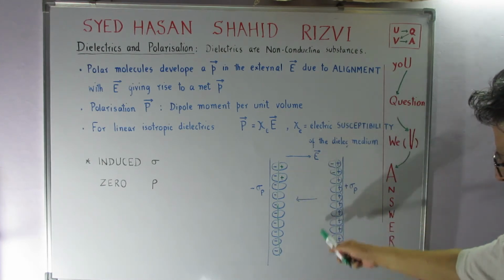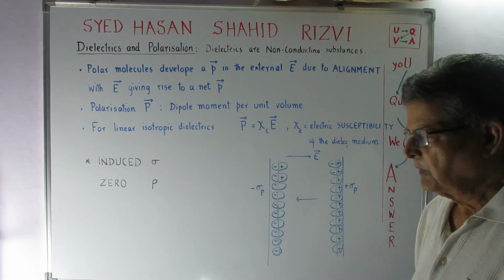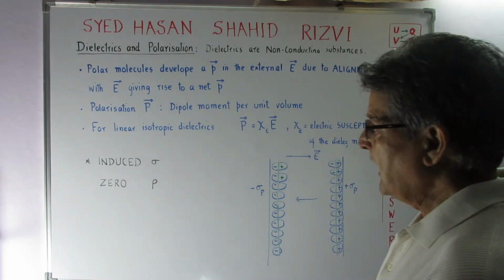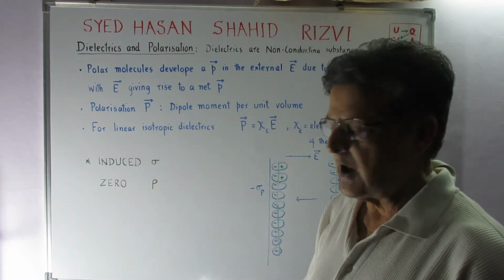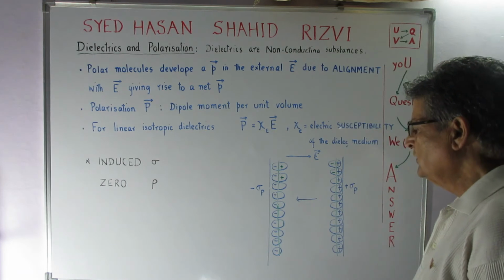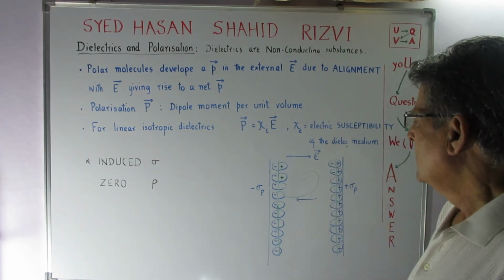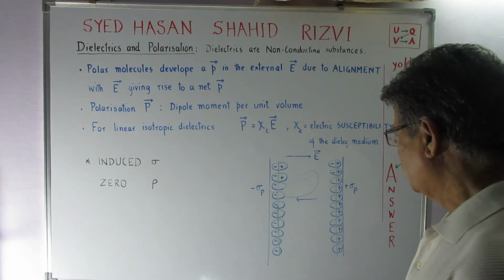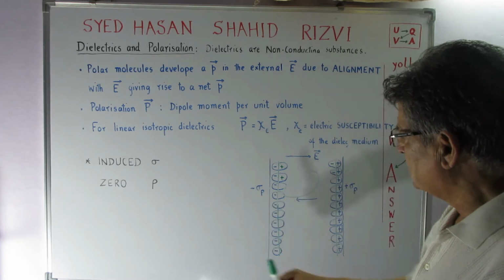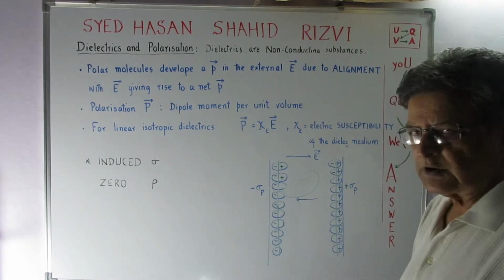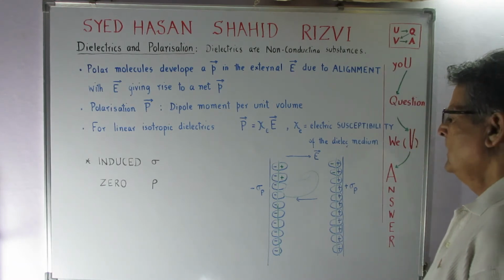But inside, if we take the density in the volume, it will be equal to 0 within the volume. As many positive charges, the same number of negative charges are there in a certain volume element inside. But at the surface, the orientation is like this, so the negative charges are on one side and the positive charges on the other side.